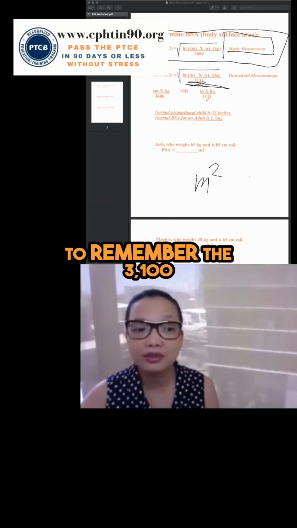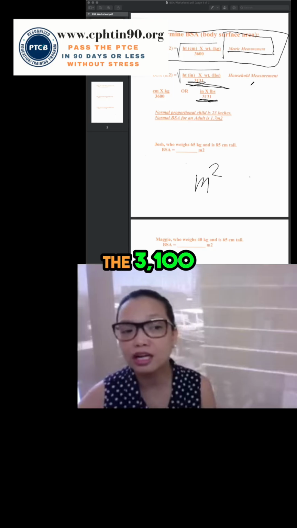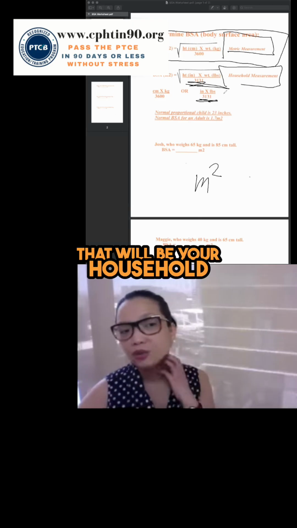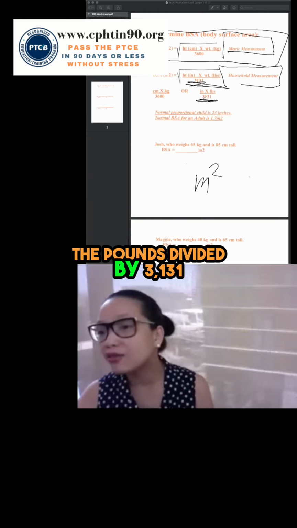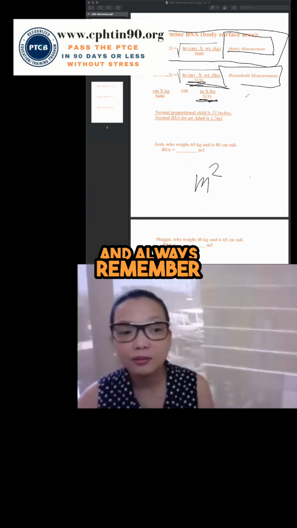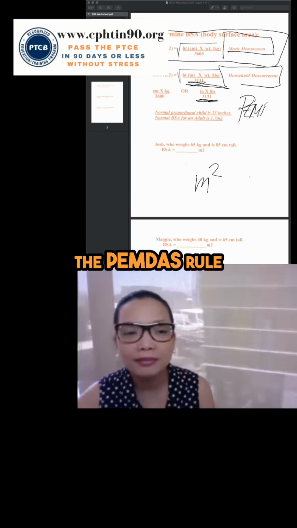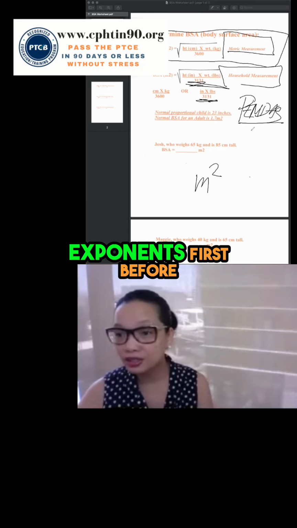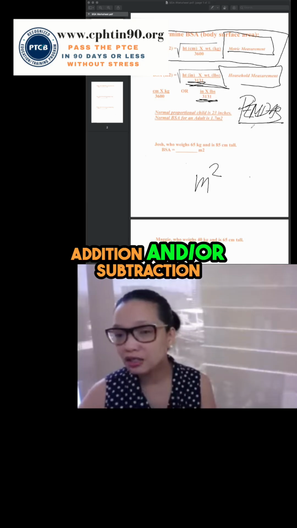The 3,131 will be your household, which means you're going to have to use inches and pounds divided by 3,131. And always remember, we still follow the PEMDAS rule, no matter what. Parentheses and exponents first before multiplication and division, followed by addition and/or subtraction.